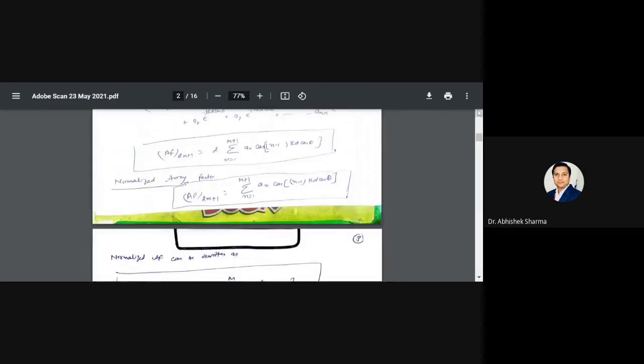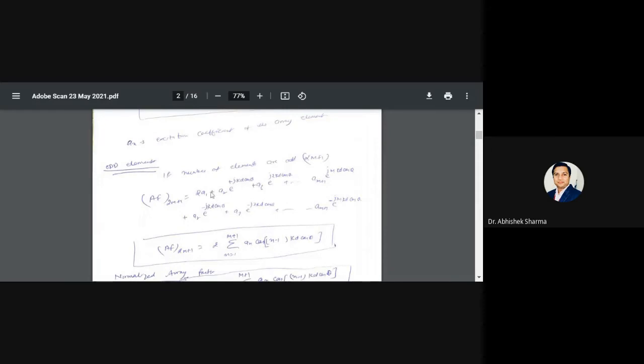So this factor will come out to be 2a1 plus a2 e raised to power j kd cos theta plus a3 e raised to power 2 j kd cos theta up to a(M plus 1) e raised to power j M kd cos theta. So that is above the origin.